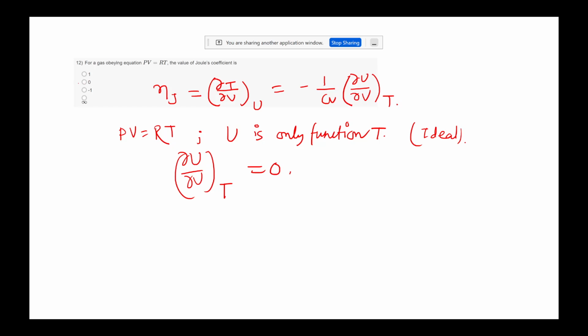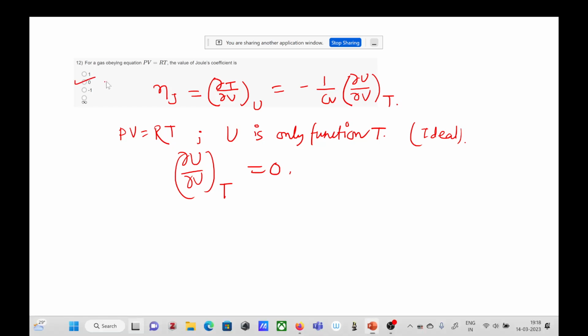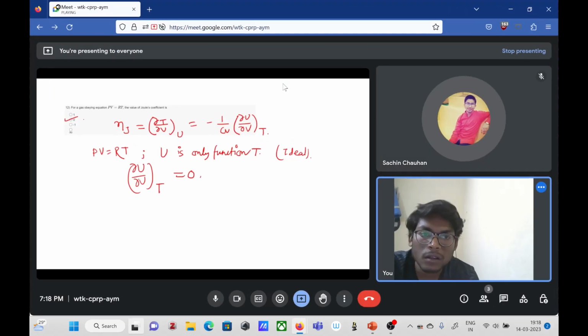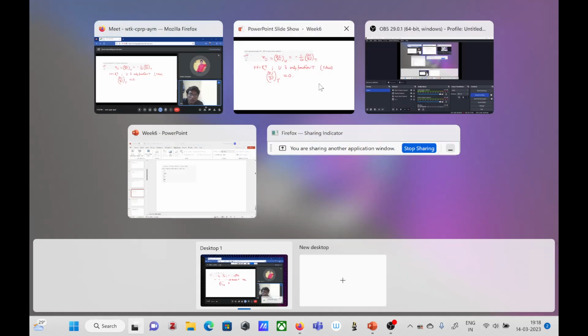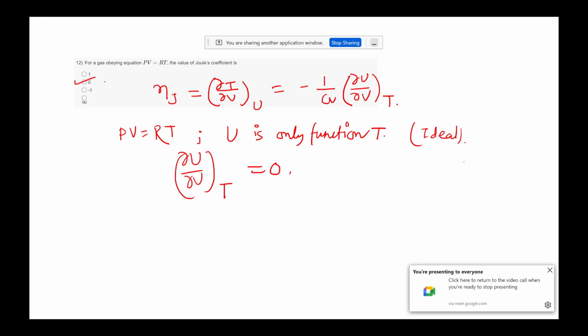So this will be 0. Got it? So there will be no change of internal energy with respect to volume.